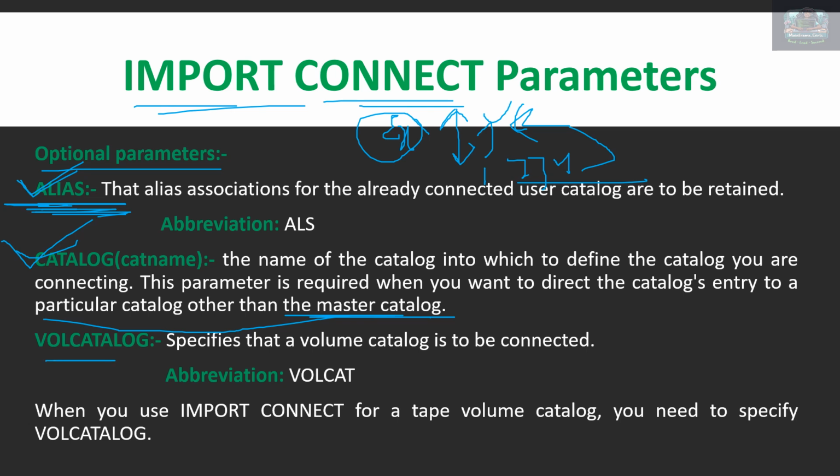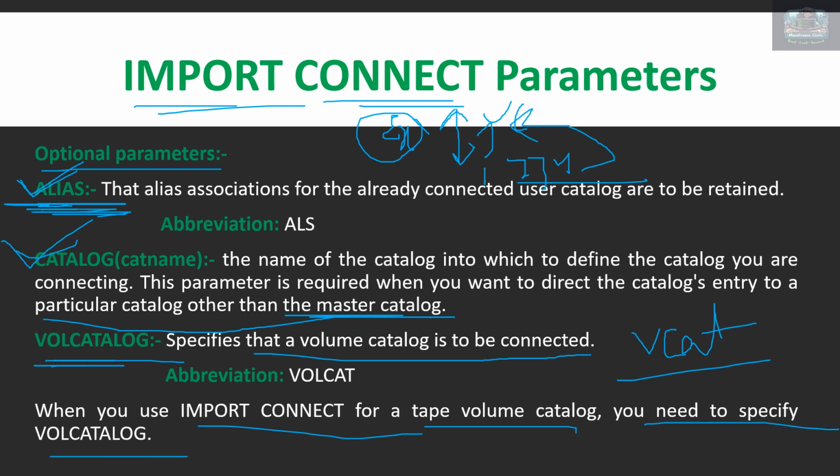And for VOLCATALOG, when you use import connect for a tape volume catalog, you need to specify this VOLCATALOG. So these are optional parameters, but you use them according to the requirement you get.